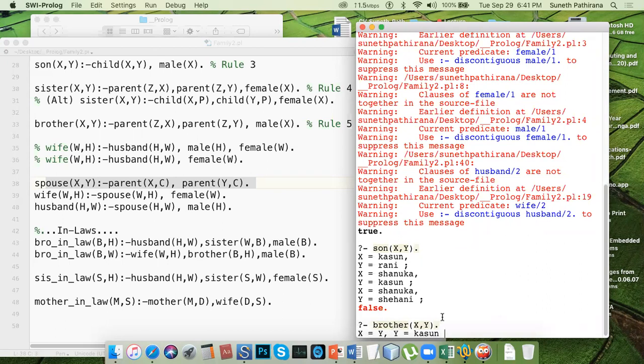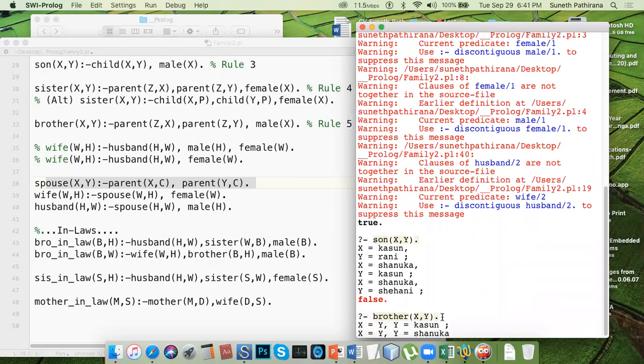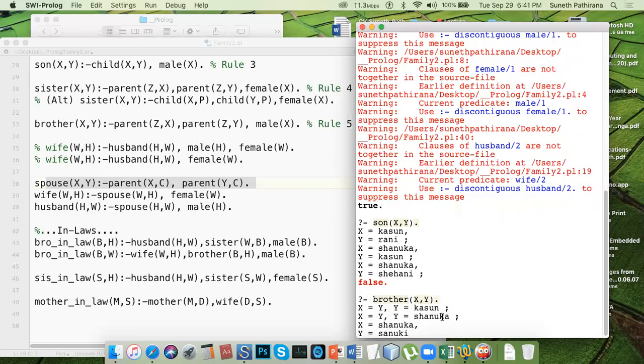X equals y, y equals Kasun. That means Kasun becomes a brother to himself. And again, Shanuka becomes a brother to himself. That means Kasun and Shanuka must be brothers. Shanuka and Sanuki.